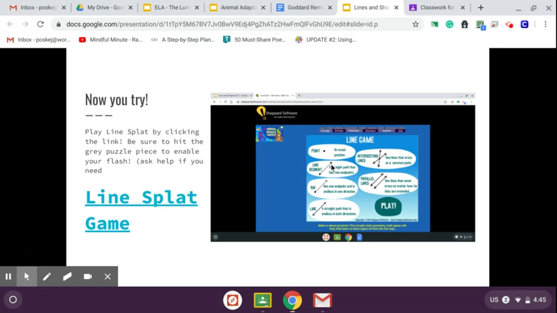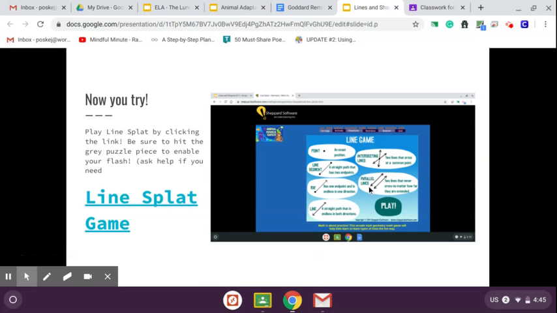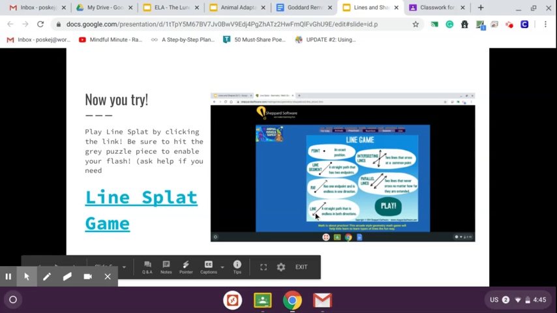Okay, what the game's going to ask you to do, if you come to class, I'm going to actually be playing this with you, but if you're on your own, you're going to be asked to identify a parallel line, intersecting lines, a point, a line segment, a ray, and a line.